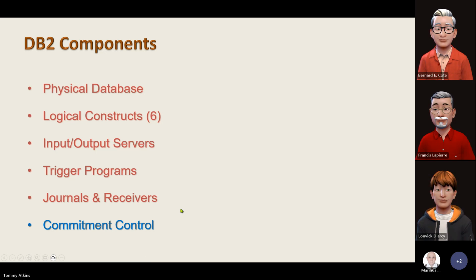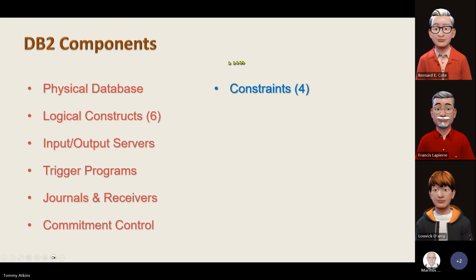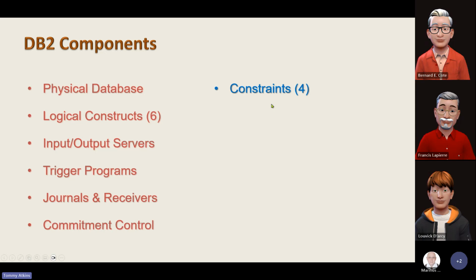Right. Those we've all dealt with. And we come on to the next and final component of DB2, which also takes a lot of effort out of your application code and provides huge functionality without having to code for it.